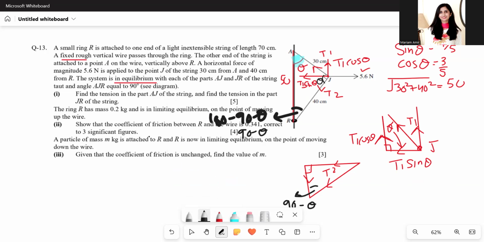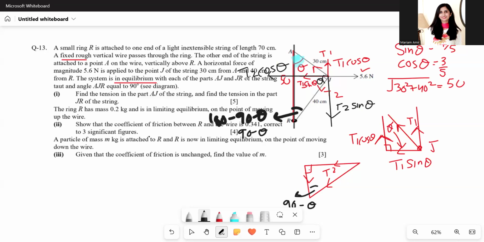Now, when we resolve T2, it will have a horizontal component in this direction and a vertical component in this direction, but I'm going to plot it here instead. The one opposite to the angle theta is the downward component, T2 sine theta, and the other one is the adjacent component, T2 cos theta.